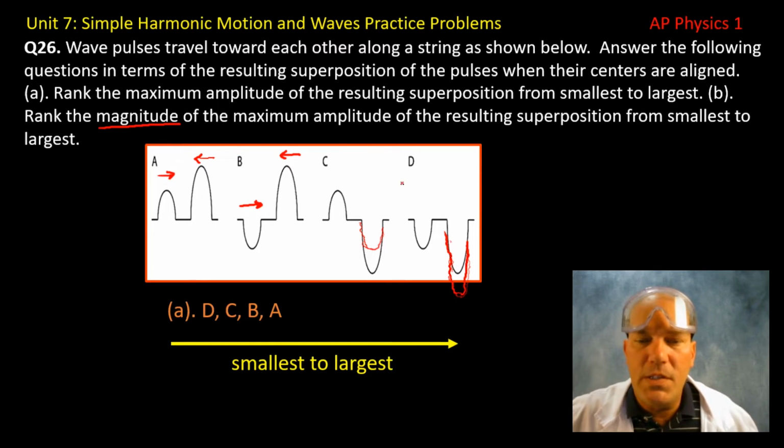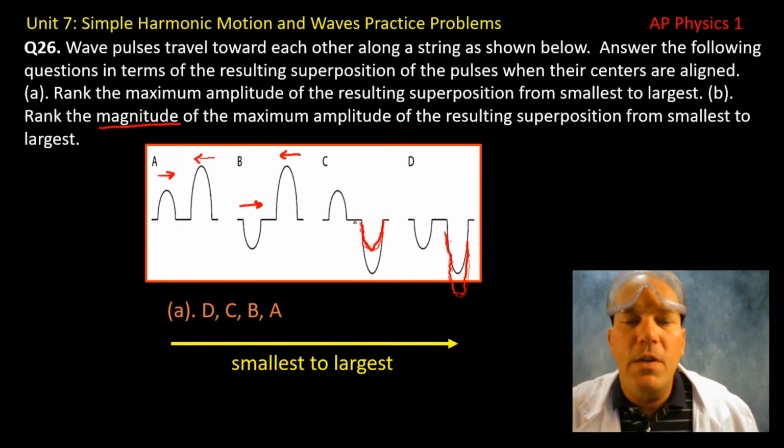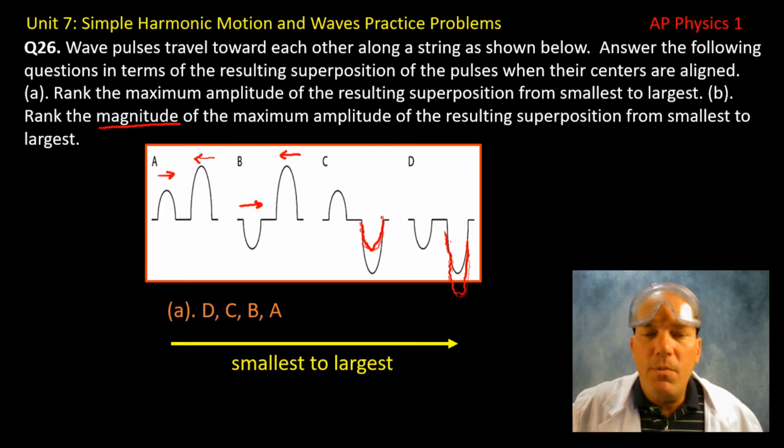And then we go to C, which we talked about would possibly be something like that once these interfered with one another.